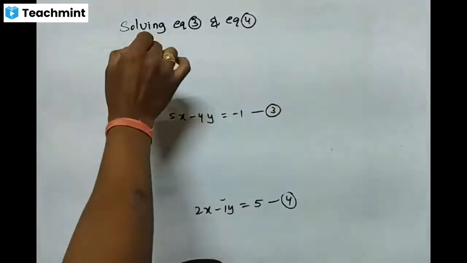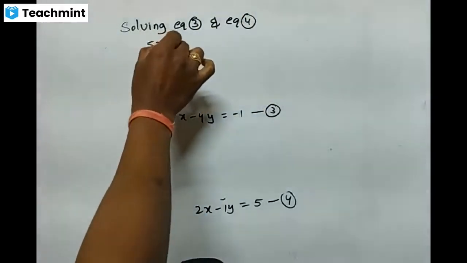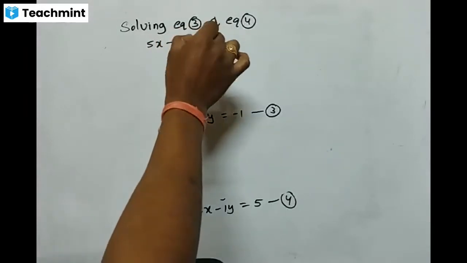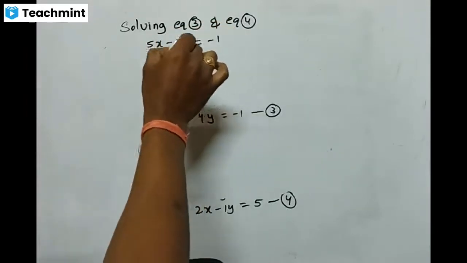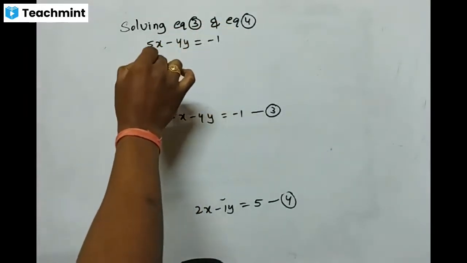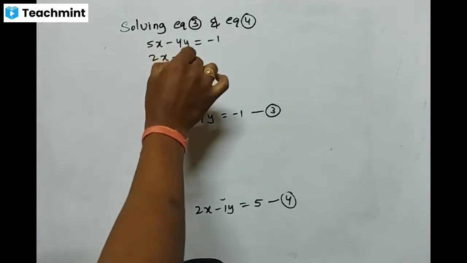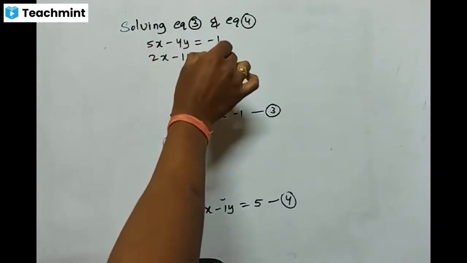What is equation number 3? 5x minus 4y equals -1. 2x minus 1y equals 5, sir.